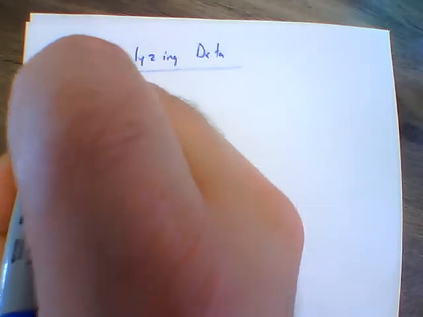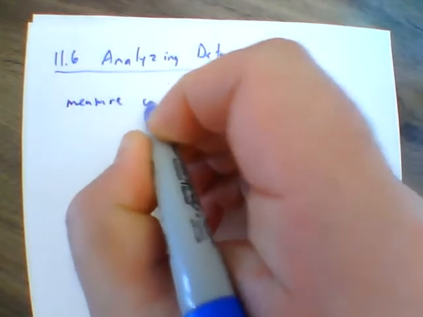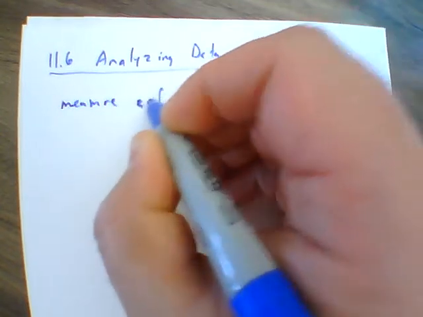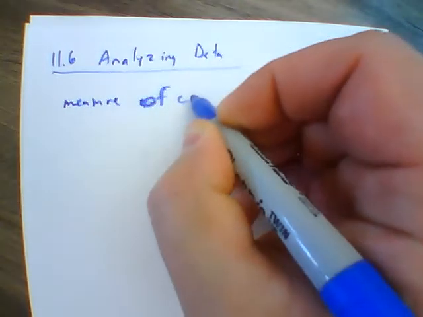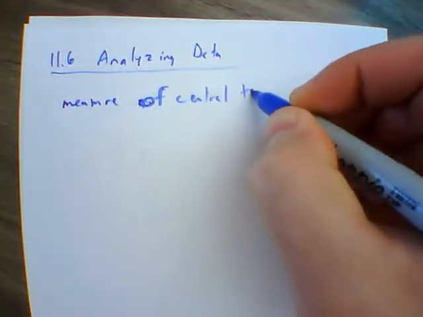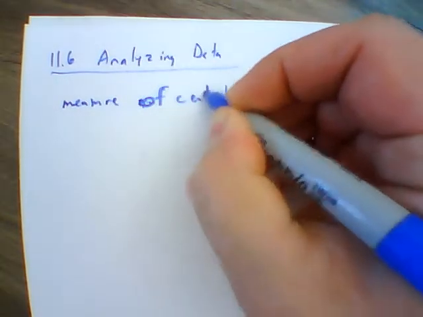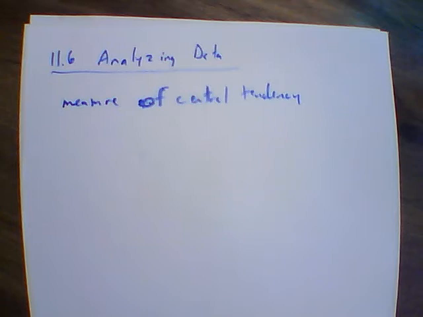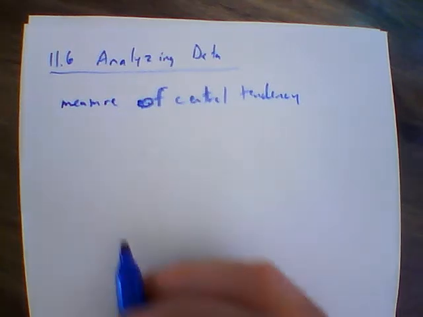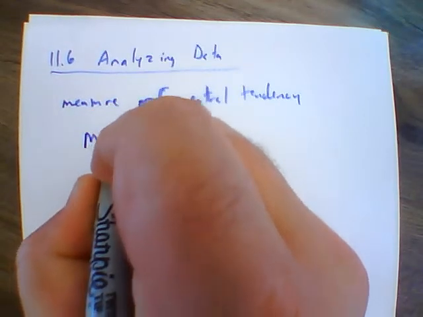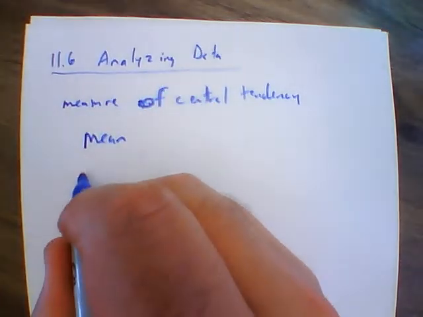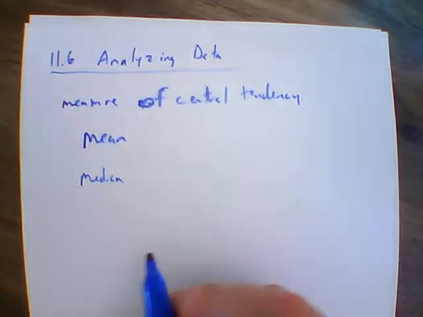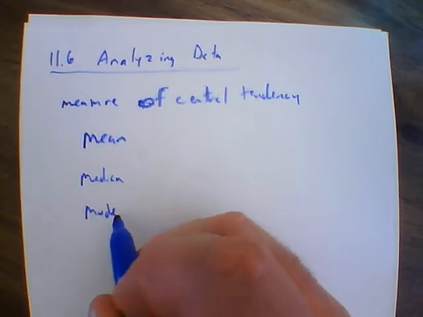We talk about measure of central tendency. Okay, if we want to measure a list of numbers and we want to see what is about the center, there are a couple things we look at. We look at the mean, the median, or the mode.